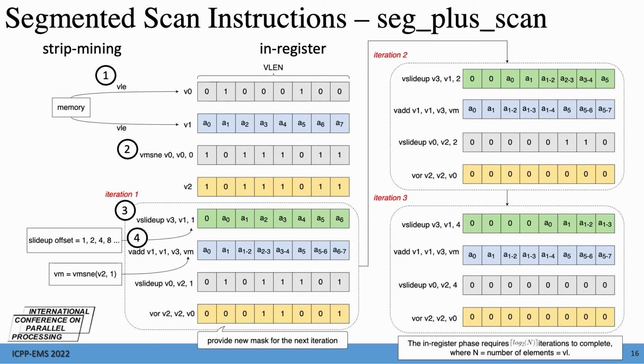Next, we need to update the mask by slide up and the bitwise logical OR. In every iteration, the slide up offset is the same for summing up elements and updating mask. It's worth noting that the in-register phase requires log n iterations to complete, where n equals the number of elements in the register, which is VL.